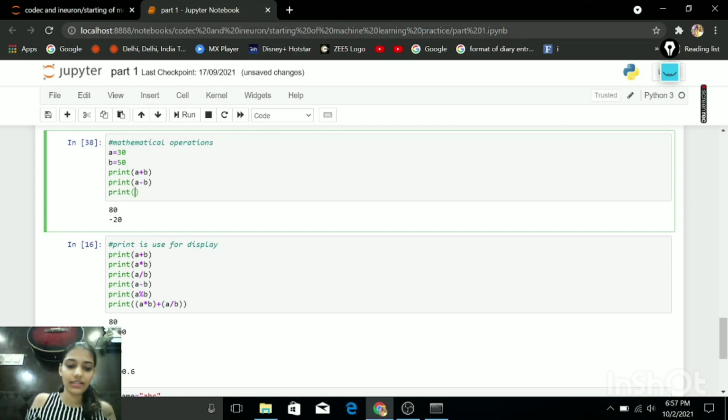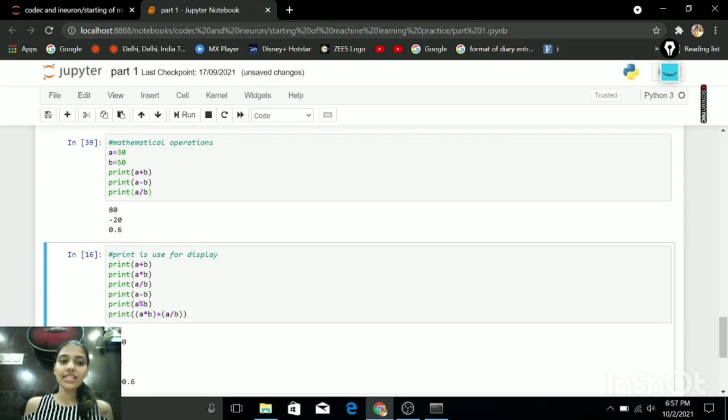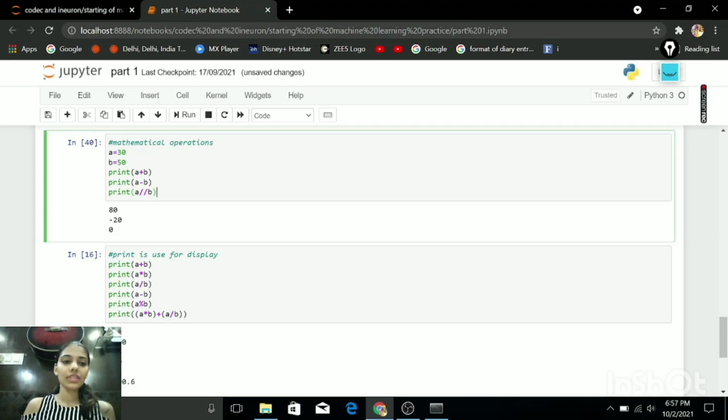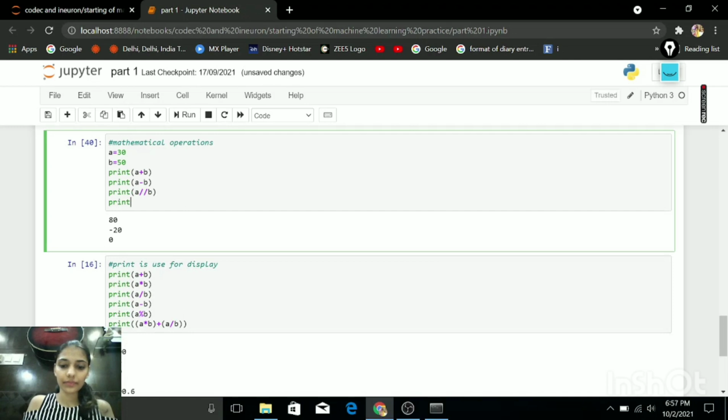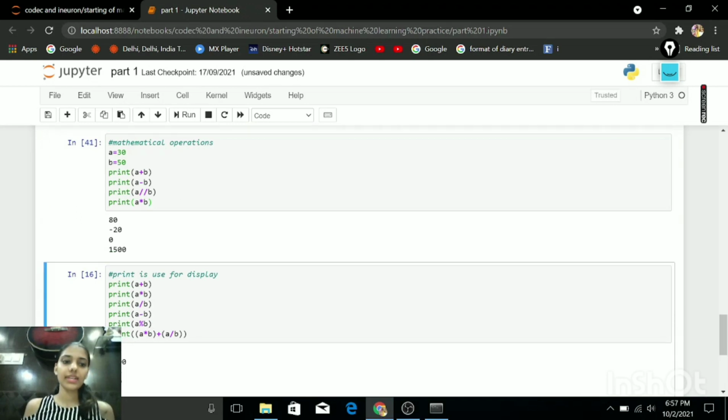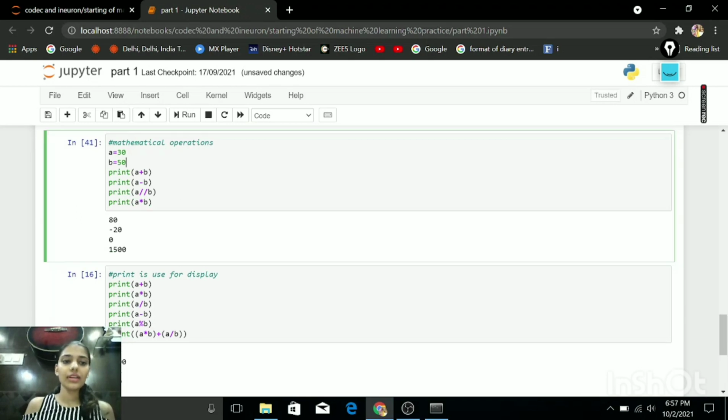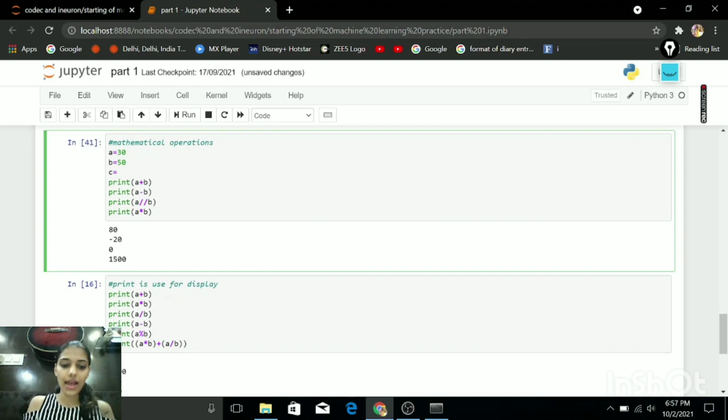If I print A divided by B, it's 0.6. Okay, but if I do double divide, it's 0, right? If I do A multiplied by B, it's 1500. If I also add C equals 20, right?